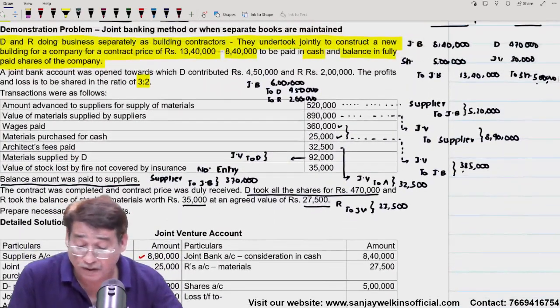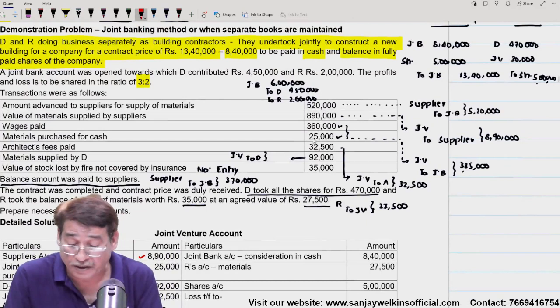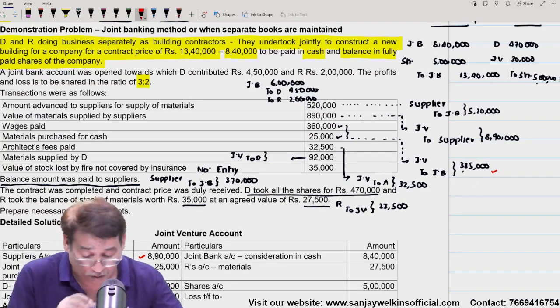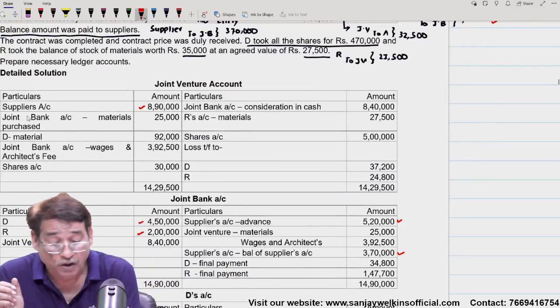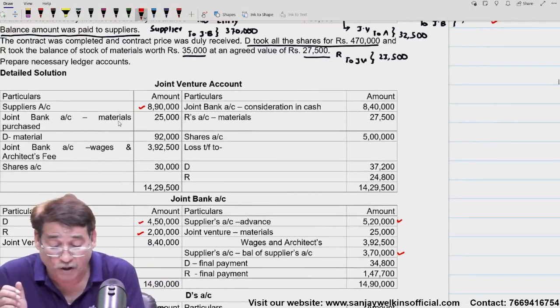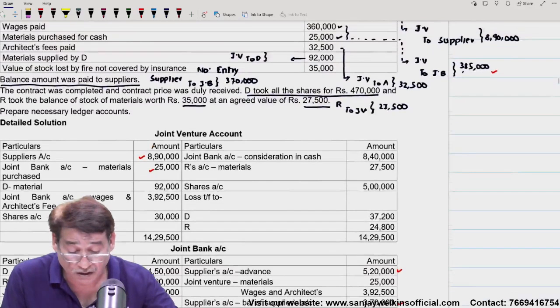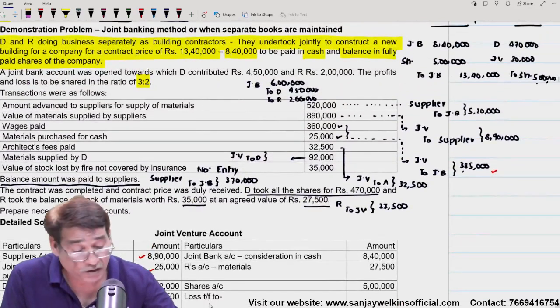Then after this, wages paid and material purchase, we pass the entry: joint venture account debit to joint bank account. Here I have written material purchase 25 and wages paid 360.